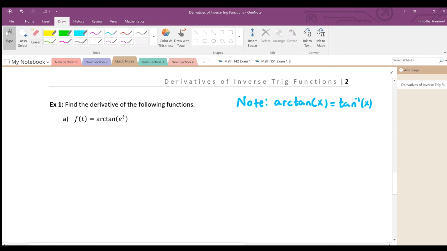And this arc notation applies to the other inverse trig functions as well. For instance, cosine inverse of x could also be called arc cosine of x. One more thing we might want, just a little note here, is what the derivative of arctangent, or tangent inverse, was. Well, it was 1 over 1 plus x squared.